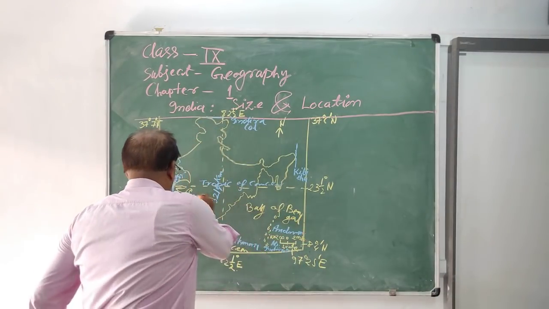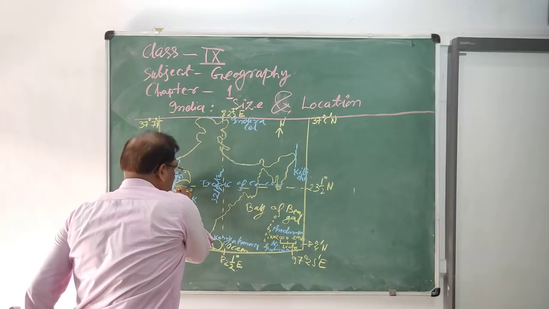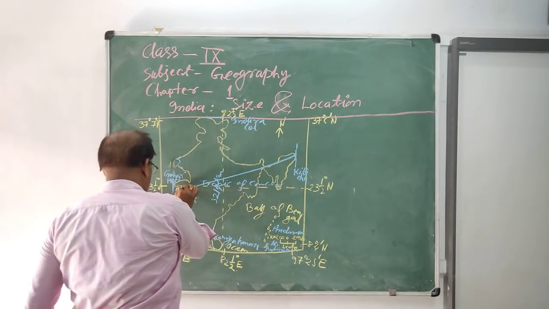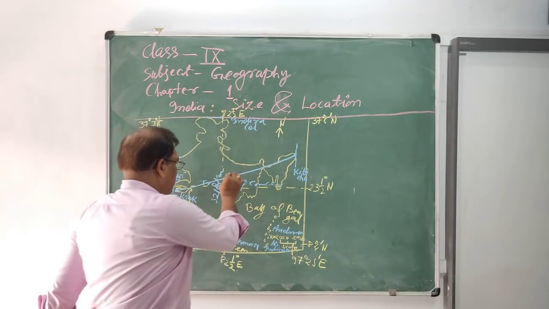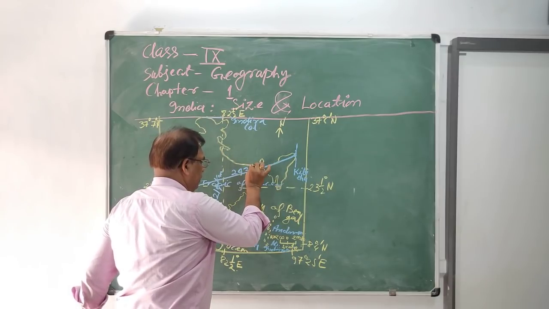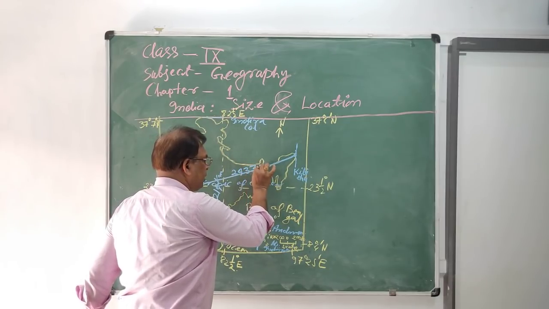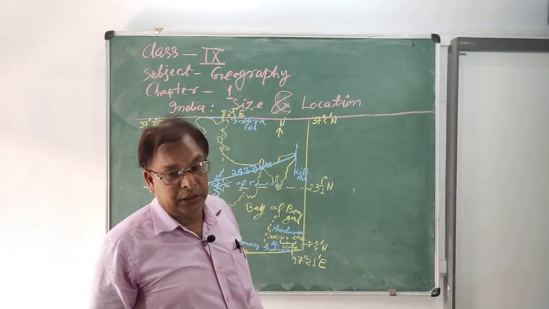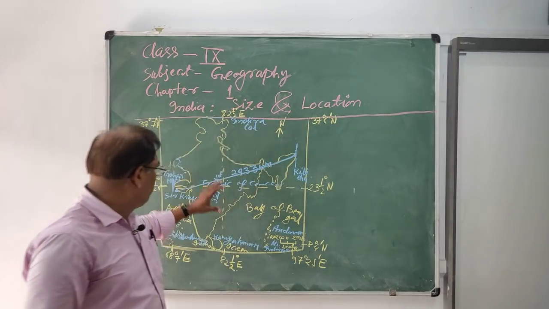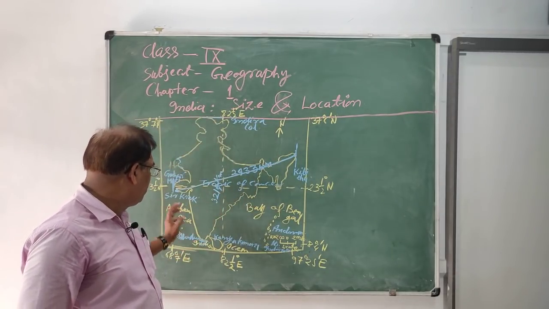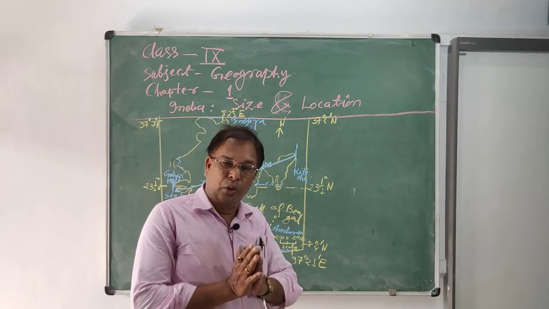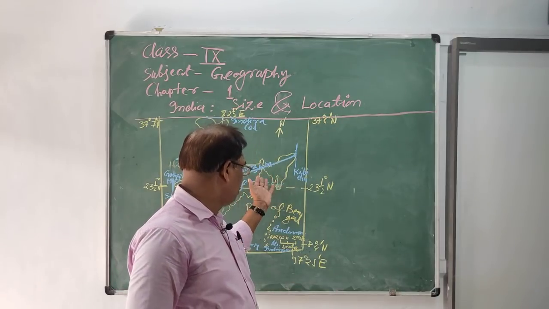And the west to east corridor line of India shows 2,933 kilometers. This is the widest part of India. So north to south and west to east, the total length of India is also shown.